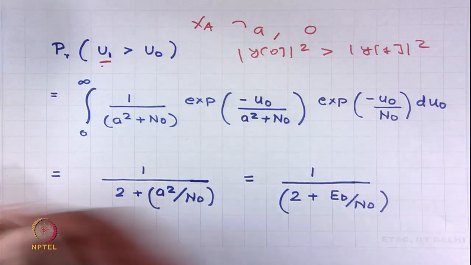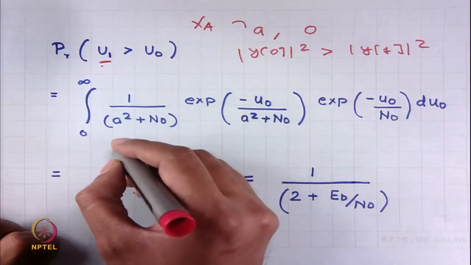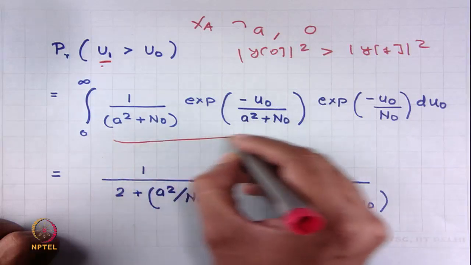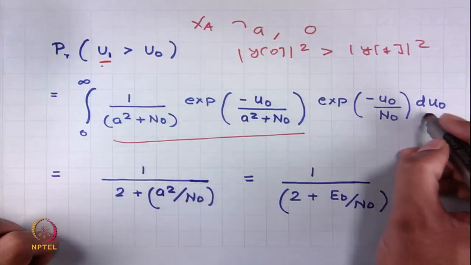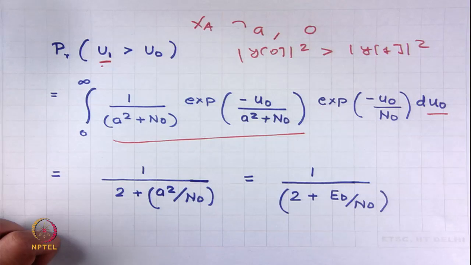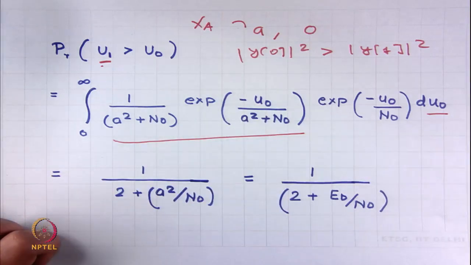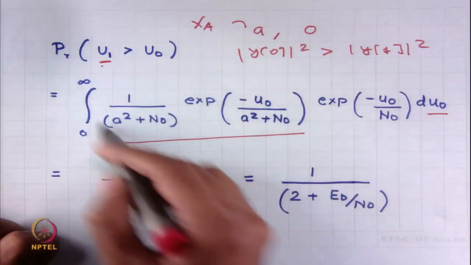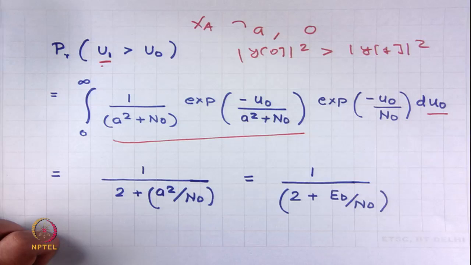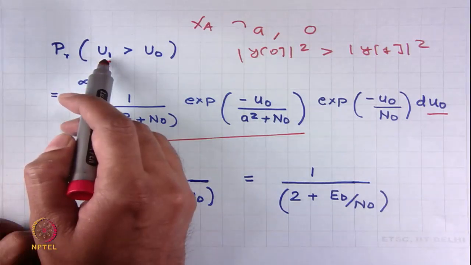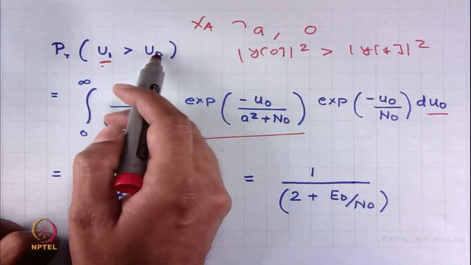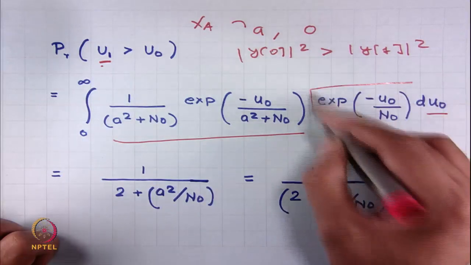So, this is the probability of random variable u 0 taking a numerical value small u 0. And when this happens, there will be an error when random variable u 1 has a value larger than u naught, and this probability is given by this.